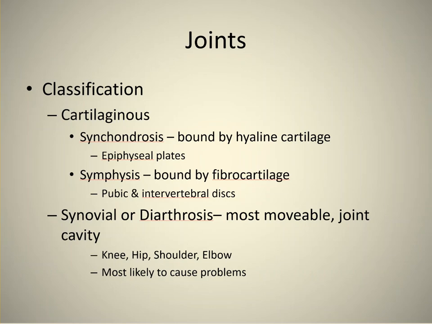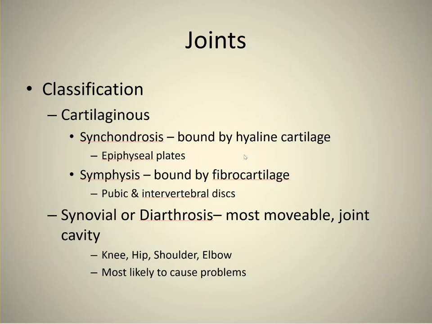Okay, on to slide 6. Now we get into the cartilaginous joints. And these are usually amphiarthrosis joints also, like a synchondrosis, bound by hyaline cartilage. The epiphyseal plate is an example of this when you're young, and this might actually be a synarthrosis. But also, I think between your clavicle and your sternum is also a synchondrosis, and it is slightly movable.